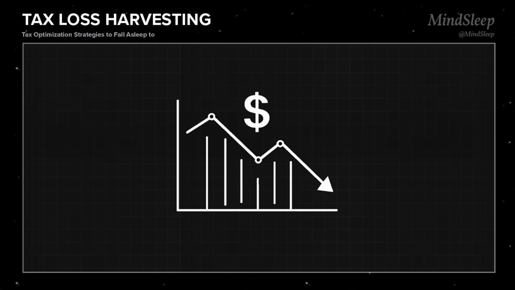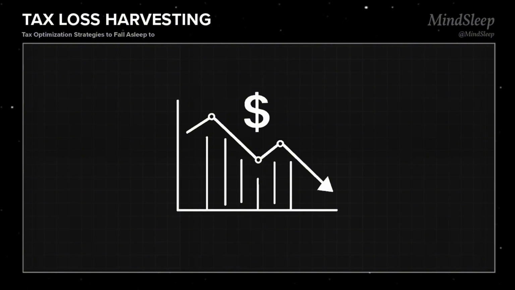Looking to the future, the practice of tax loss harvesting is likely to evolve alongside advancements in technology and potential changes in tax policy. We may see more sophisticated algorithms and artificial intelligence playing a role in optimizing tax loss harvesting strategies. Additionally, as discussions about wealth inequality and tax reform continue, the regulatory landscape surrounding these practices may shift.